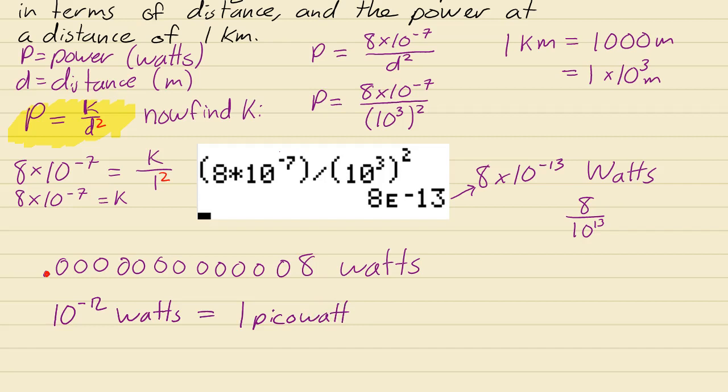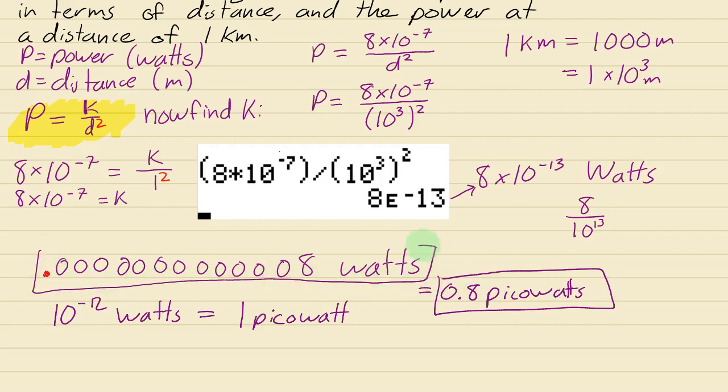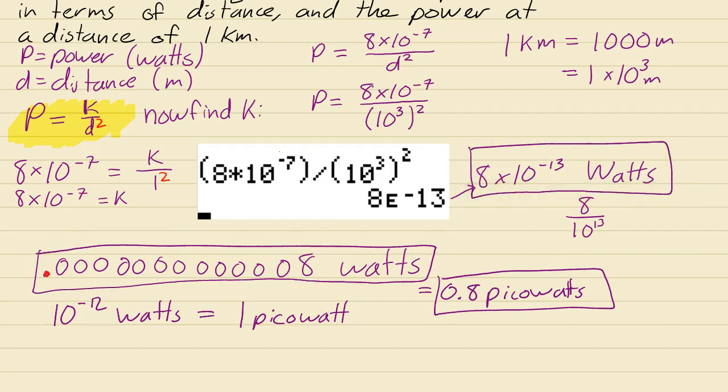And so we could also think of this as 0.8 picowatts. So you could write it either way, like that, or like that if you want it in standard notation, but that's a little bit unpleasant. Or how about just this way in scientific notation? Again, this is scientific notation because with a decimal place here, we only have 1 digit to the left of it.